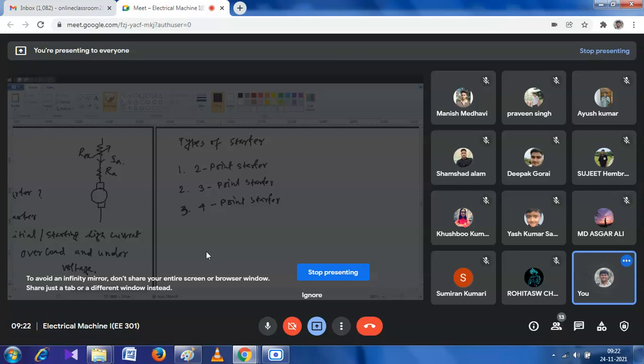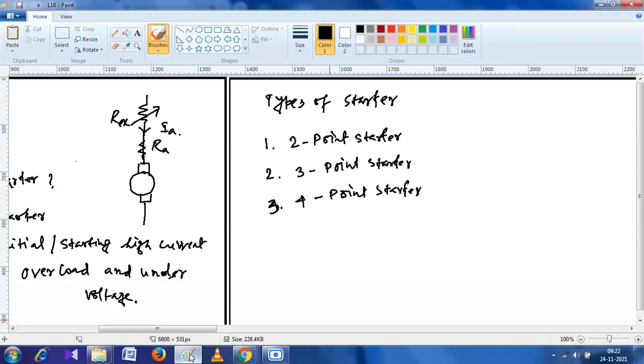But Deepak says there are three types. The right answer is three types. One should be shunt, number two should be series, and number three should be compound. So there are basically three types of motor available: series, shunt, and compound.